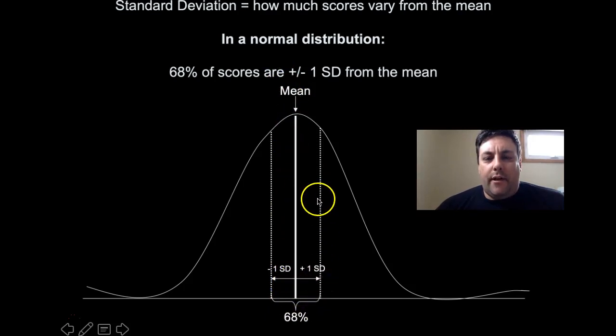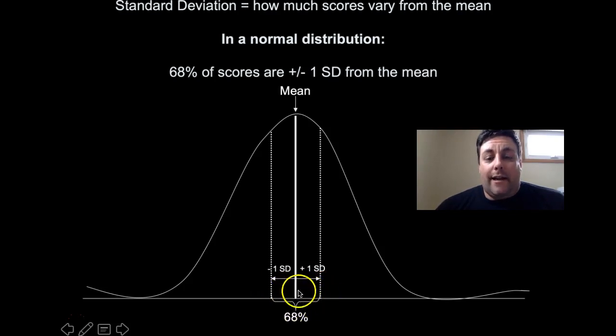And what I've represented here with a dotted line are a standard deviation above the mean and a standard deviation below the mean. What is so useful about a normal distribution is that 68% of all scores would occur between a standard deviation below the mean and a standard deviation above the mean.